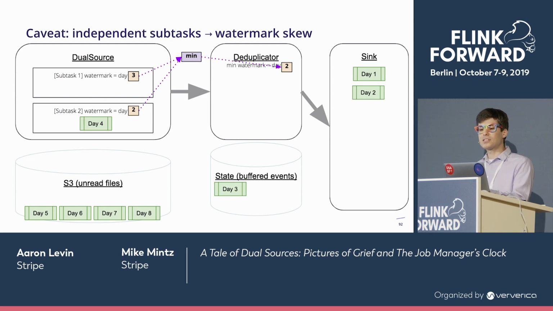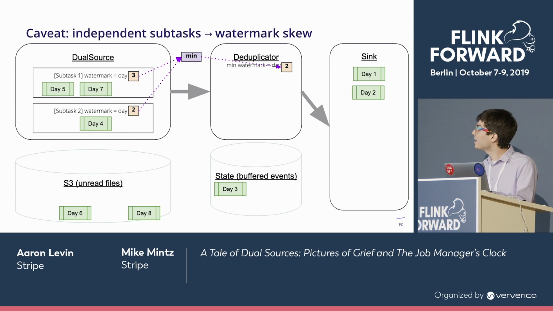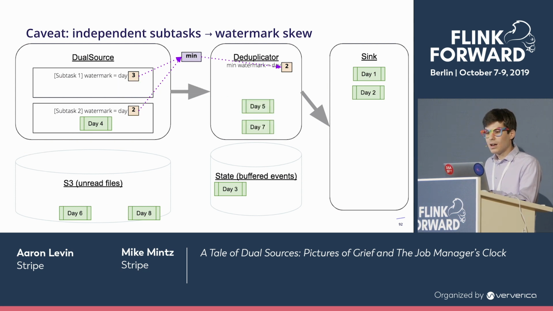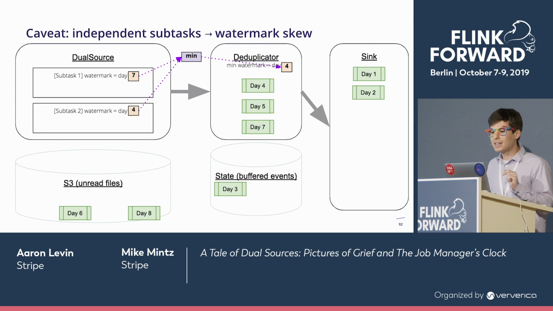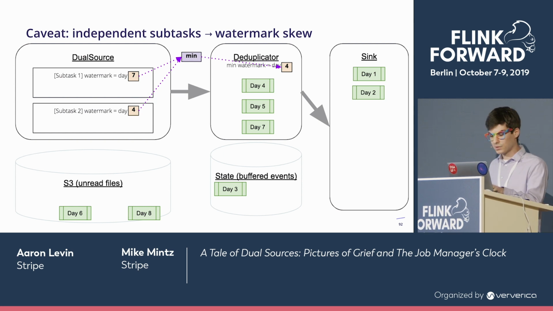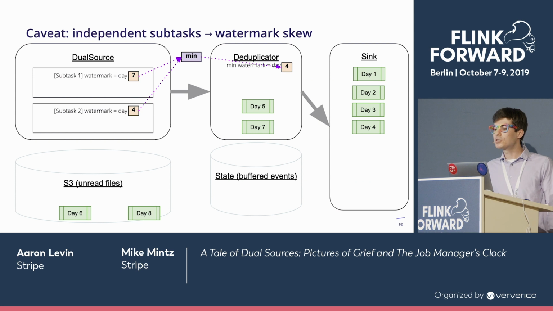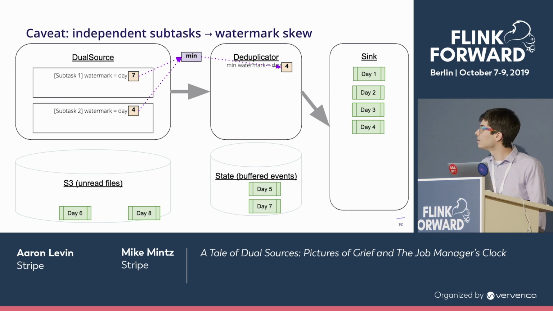And let's say subtask 1 quickly makes progress through its next 2 assigned files, days 5 and 7, emitting a watermark for day 7, and now the deduplicator's minimum watermark is only on day 4. Wait, did I do that right? Yes, here we go. So we get to emit records to Kafka for days 3 and 4, but because one of the subtasks is slow, all of the latest records from the faster subtask have to get buffered in state.